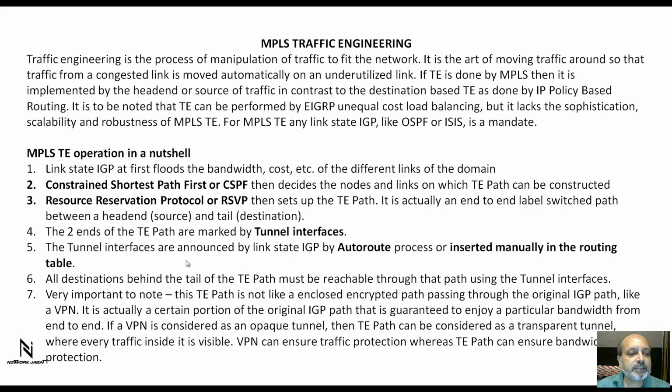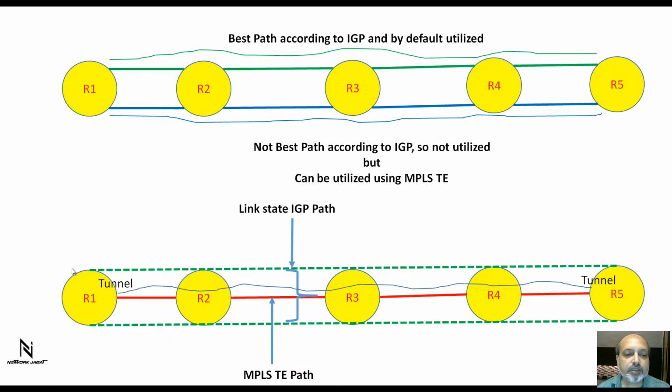The tunnel interfaces are announced by the link state IGP by the auto route process or inserted manually in the routing table. Now, if the routers are to use this tunnel path, then definitely the tunnel interfaces at the head end and at the tail end must be inserted into their routing table.